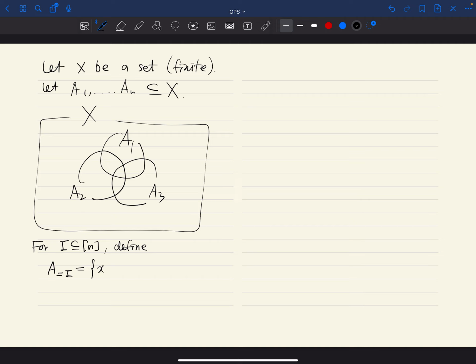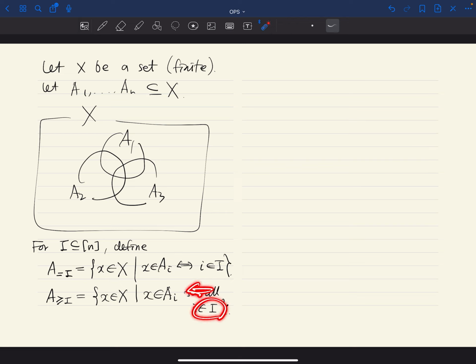In other words, the set of x's such that x is in A_i if and only if i is in I. So this x is in A_i for exactly those i in this index set I. And similarly, we define A subscript greater than or equal to I. That means x is in A_i for all i in I. If i is in I, x is in A_i.